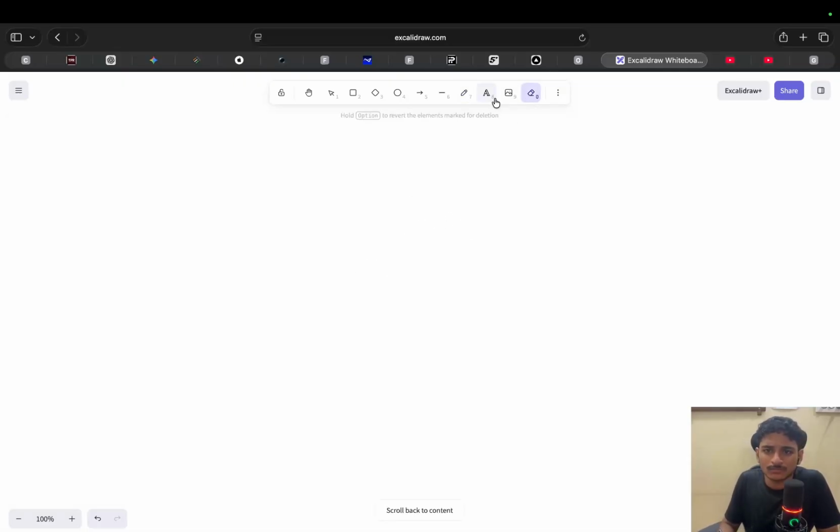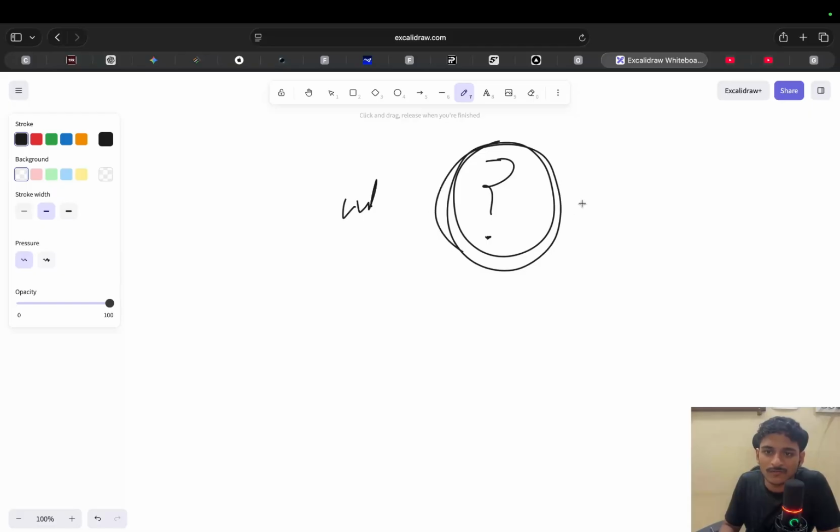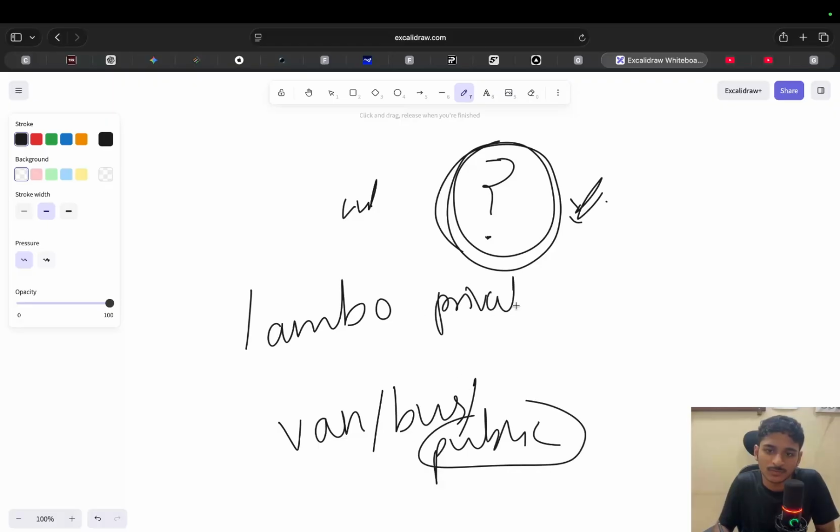And you may get a doubt: okay, we have a programming language, but why different languages? It always comes to the same thing. If you have a Lambo, and if you have a van or a bus or a public transport, or let's change it to public and private transport.